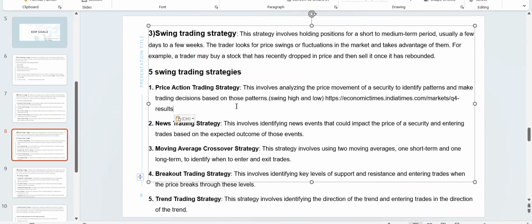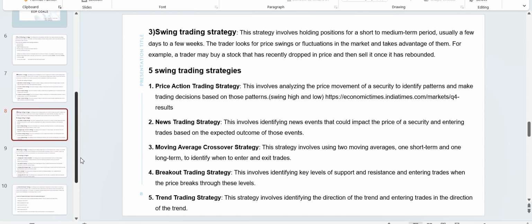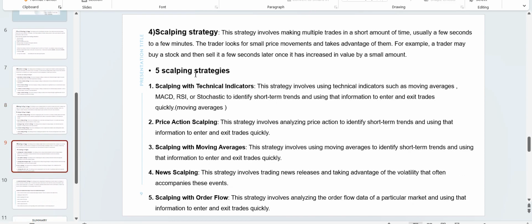Now I ignore all these things because there is no time to discuss all these points. Number 4 is the scalping strategy. The most difficult thing in day trading is the scalping strategy, in my view, because you have to take your decisions in micro nanoseconds.